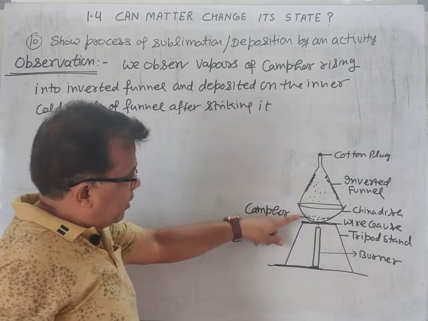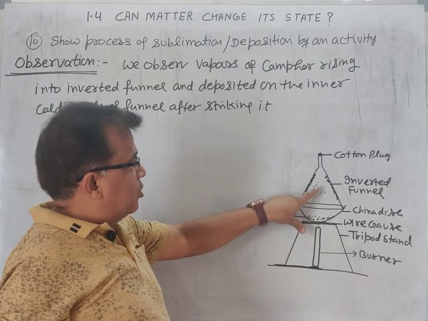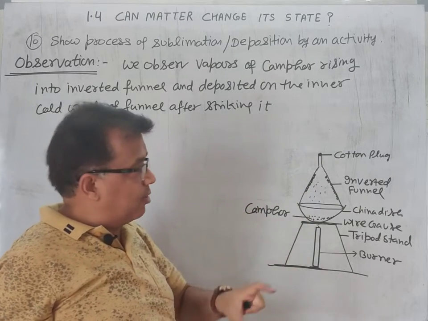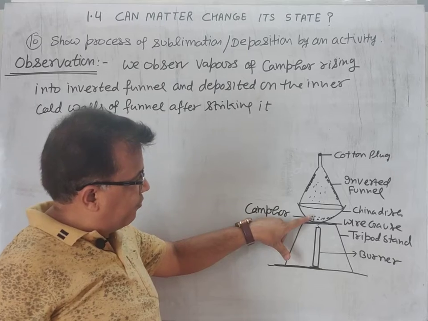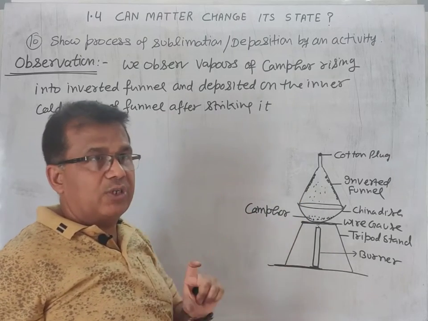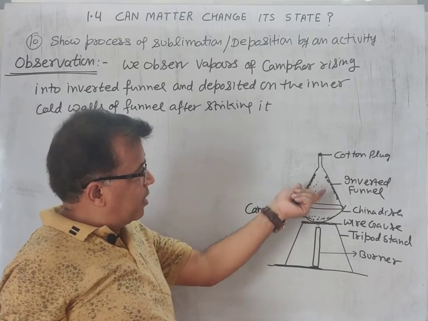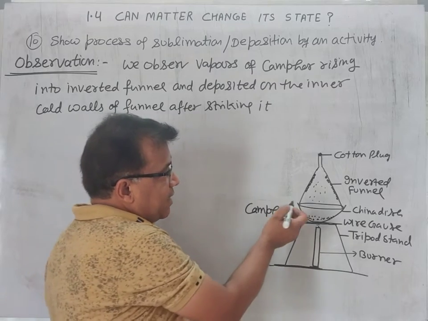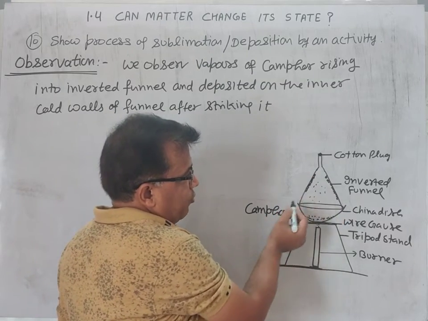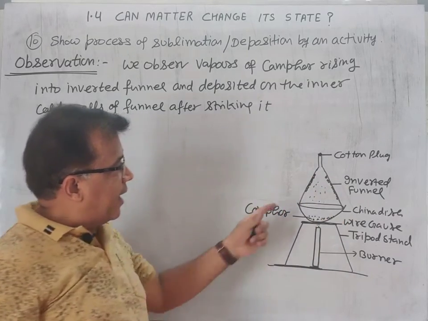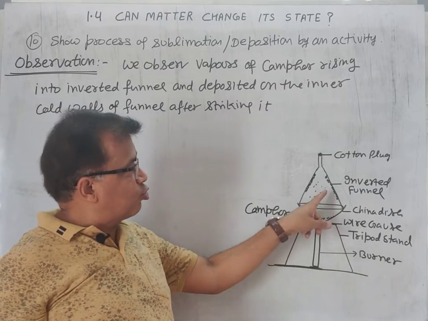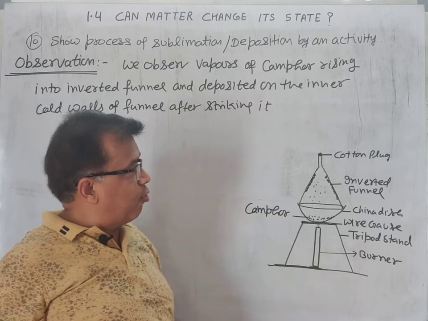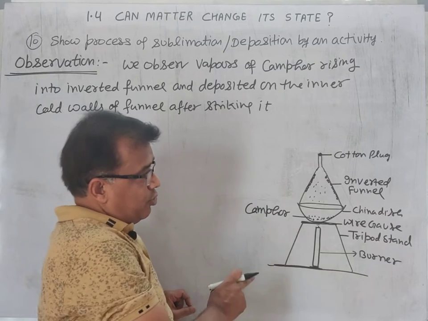So thus vapor rises into the funnel. This is sublimation, conversion of solid camphor into vapor. These vapors rise into the funnel and strike the cool walls of the funnel and again convert into solid and deposit on the walls of the funnel. This is deposition.